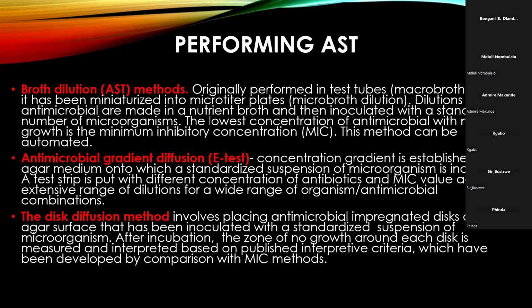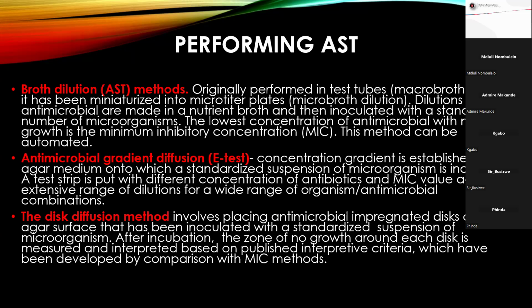Different concentrations of one antibiotic are put on a test strip. Your culture is similar to disk methods, but the difference is the strip has got different concentrations. I will show you how you interpret that.